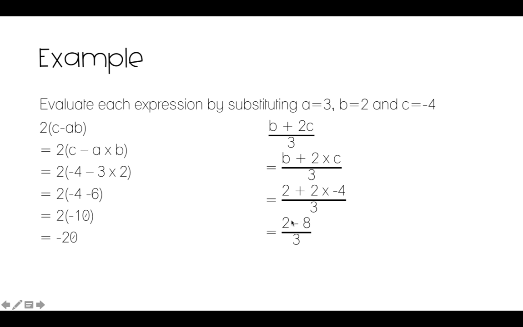So we end up with 2 minus 8 over 3, which gives us negative 6 over 3, which gives us an answer of negative 2. Now, when we have our division like this, it's important that we get the upper part of our division into one single number like we have here. Otherwise we can't solve that.